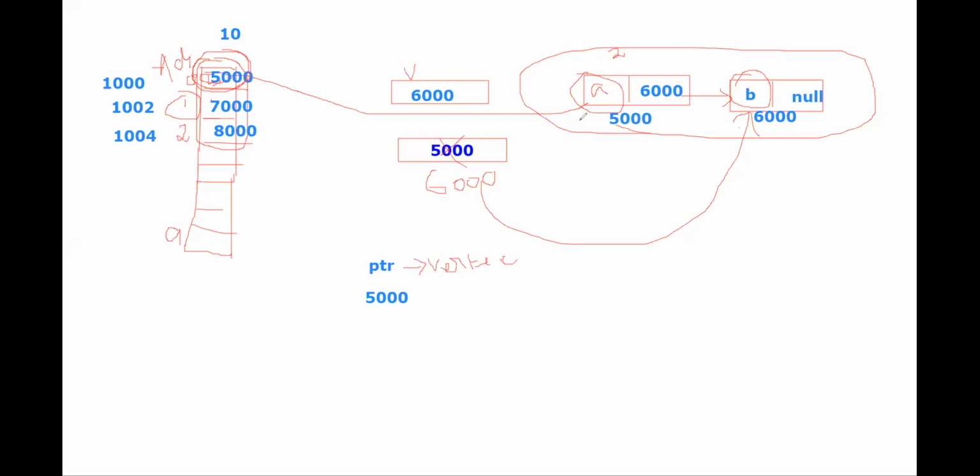Okay. Then what will I do? Once it is printed, I have to check whether pointer to next is pointing to which one? Pointer to next is pointing to this one. Is it equal to null? If it is not equal to null, then what will I do? I have to take this pointer next. That will show in the coding also.